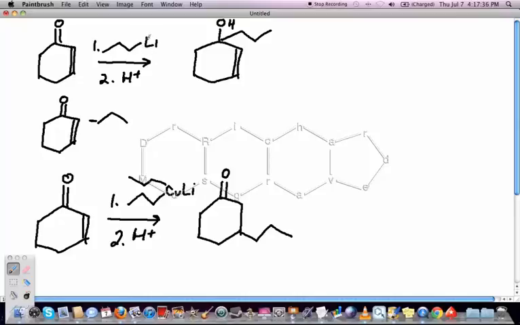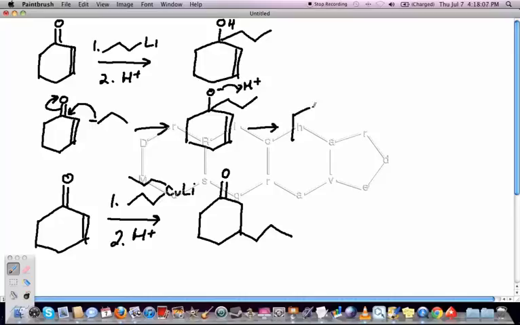We'll take the metal off and we'll put the negative charge on the C to which the lithium was attached, and we'll have that come in and attack the C from the C double bond O. Electrons jump up on the oxygen, and that will give us that. The double bond is still here, and then we can add H plus in the second step, and we will end up with this compound.